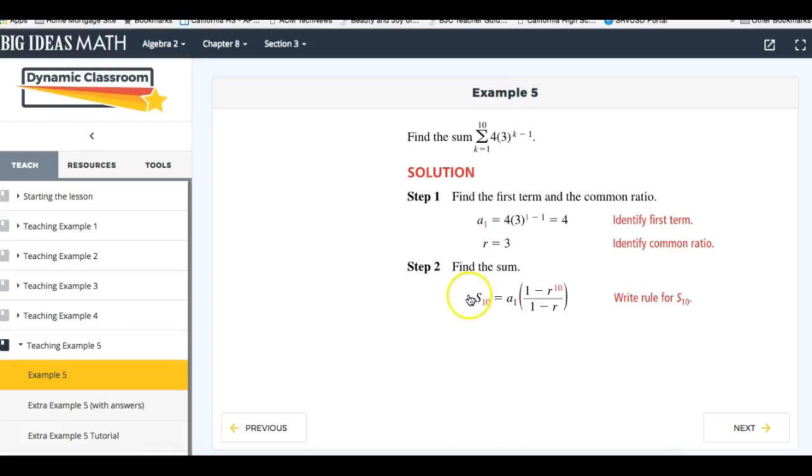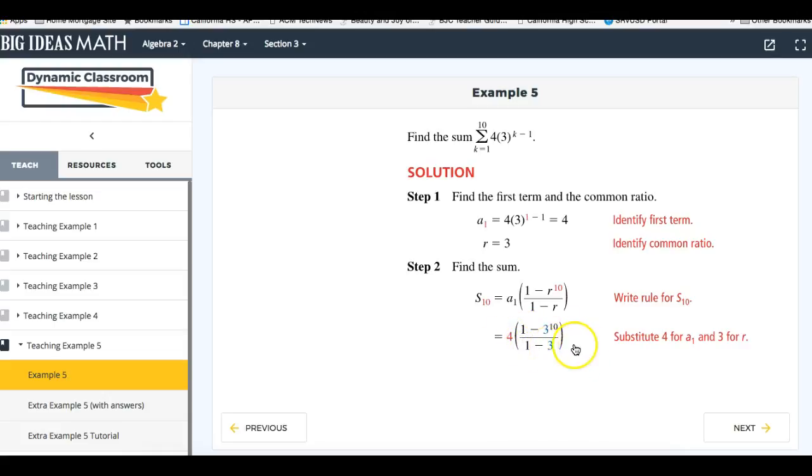So remember, the sum of the first 10 is going to be just our first term times 1 minus the ratio to the 10th power over 1 minus the ratio. Let's just plug all these values in that we know. So the sum of our first 10 terms is going to be our first term, which is 4, times 1 minus our ratio to the 10th over 1 minus our ratio.